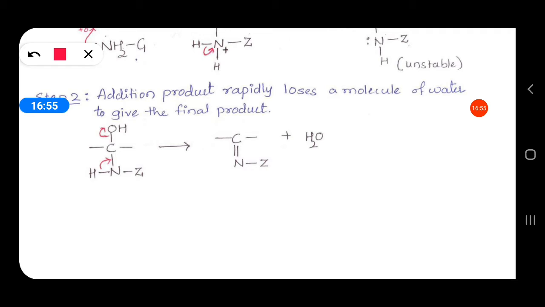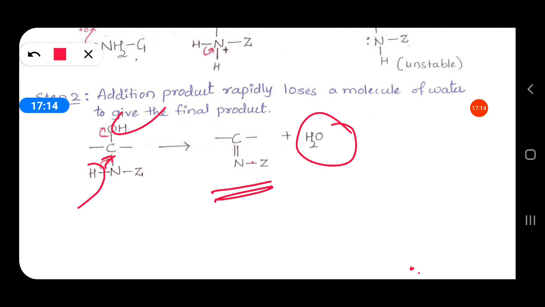Again one of the NH bond electrons are given to carbon nitrogen, so H plus is removed, and the CO bond electrons are given to oxygen so that OH minus is removed. So totally H2O is removed and C double bond N is formed. So this is a stable product now.